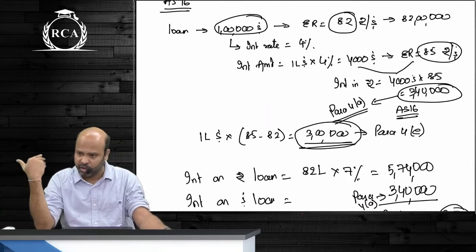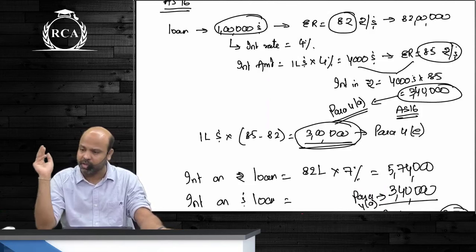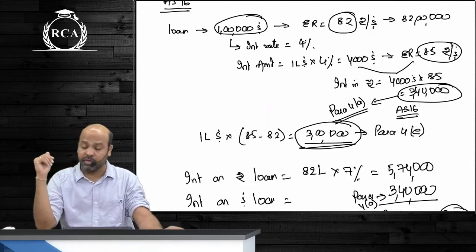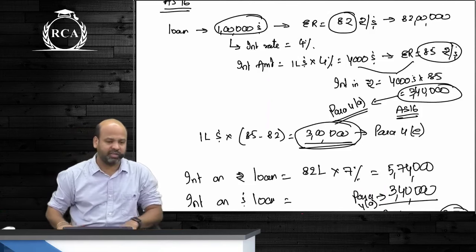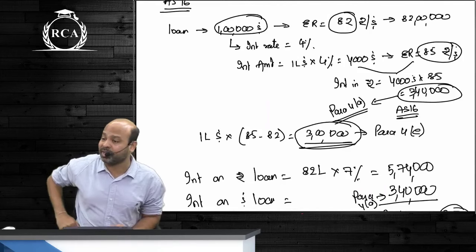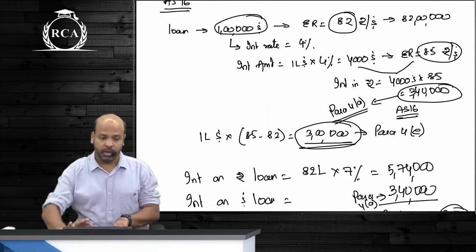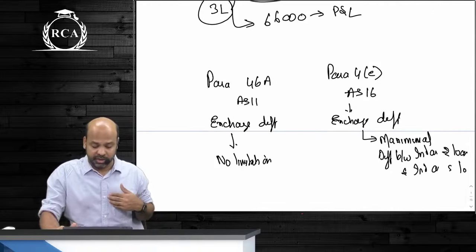In AS-11, as long as the borrowing continues, you can keep adding. That is why I said if para 4E of AS-16 is applied, then you cannot apply para 46A of AS-11. All right.